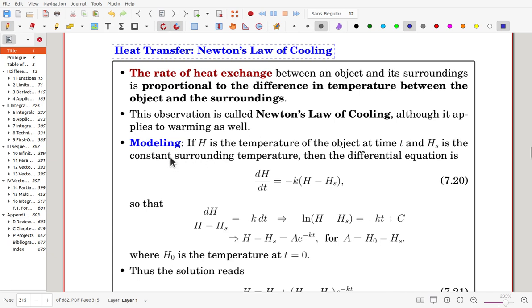In modeling this, H is the temperature of the object, and Hs is the surrounding temperature. Then the rate of change of the temperature is proportional to the temperature difference, the object temperature minus the surrounding temperature.